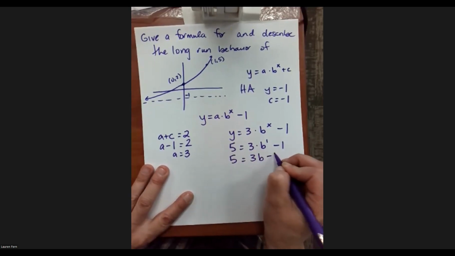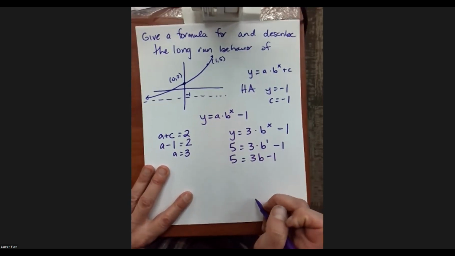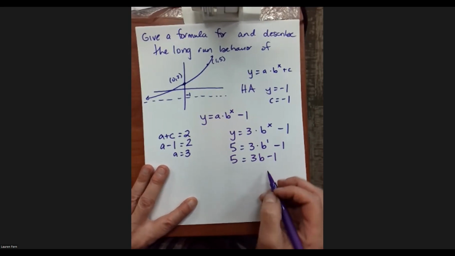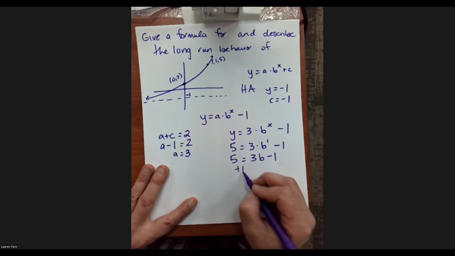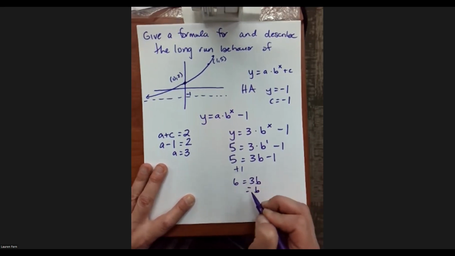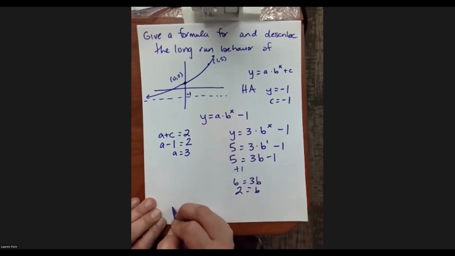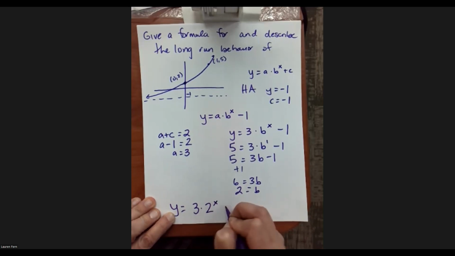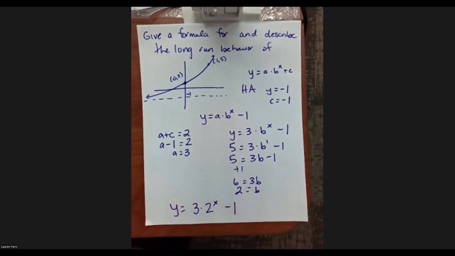Aren't we then solving 5 is equal to 3b minus 1? We can solve this. How would we do it? Add 1, so we get 6 is 3b, or b is 2. So the equation of this exponential function is 3 times 2 to the x, minus 1.